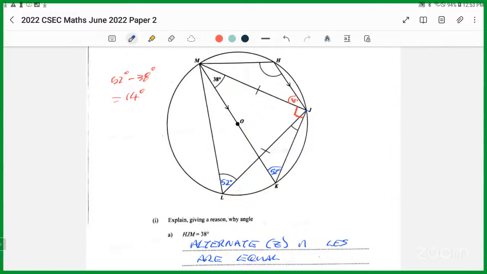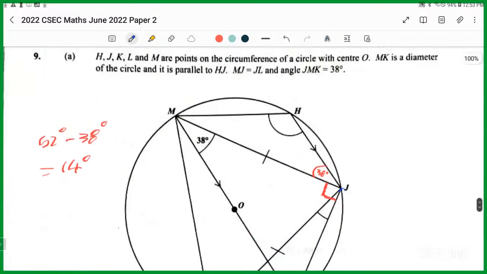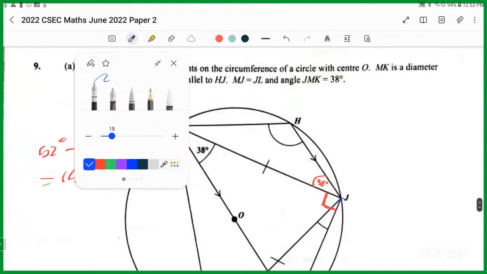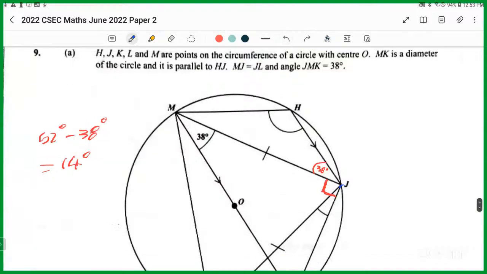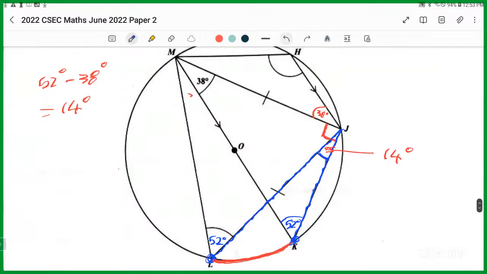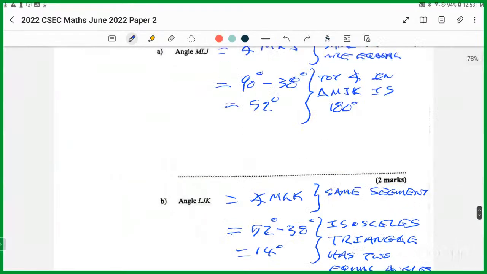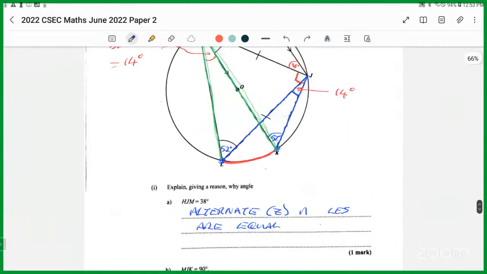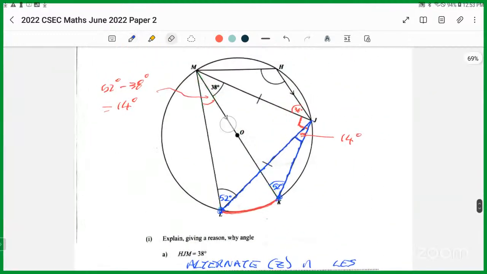So this angle is 14 degrees. Let's leave the arrows on the diagram, and take these off.